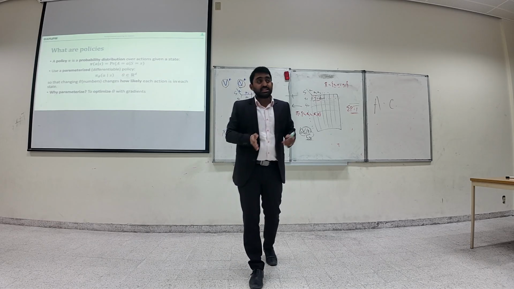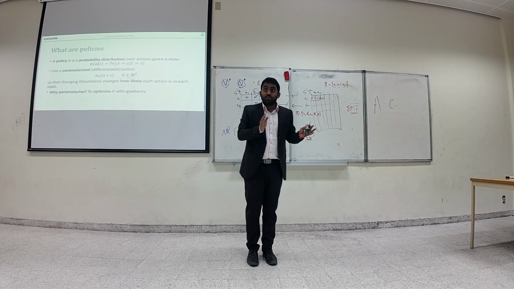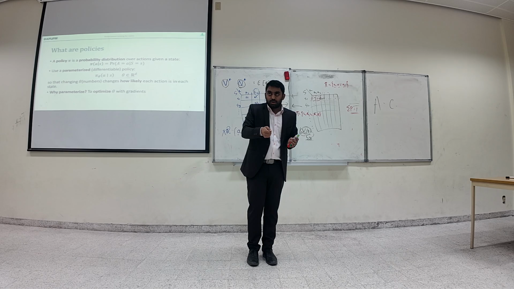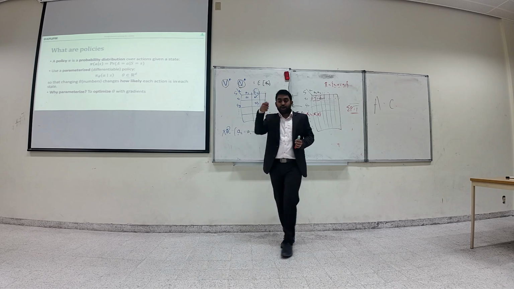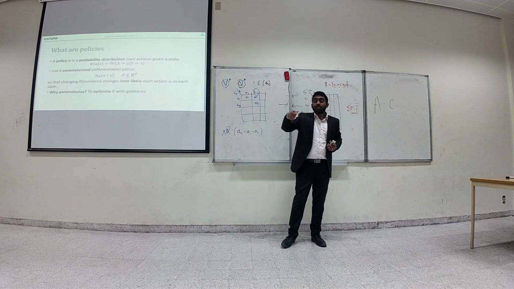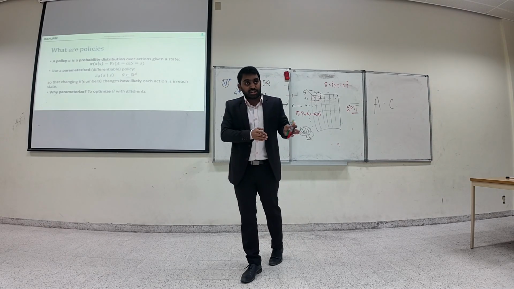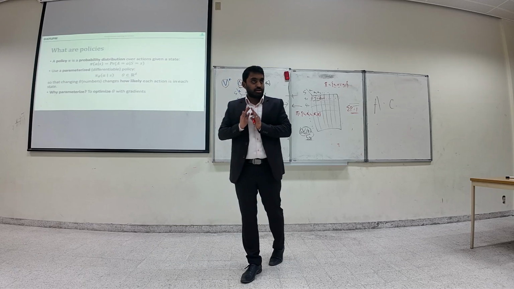You get it? If you are in a given state, you can take different actions there. That is under your control, and that is what the policy will target. The policy will exactly try to do that: change the probability of taking a certain action in a given state. Clear?